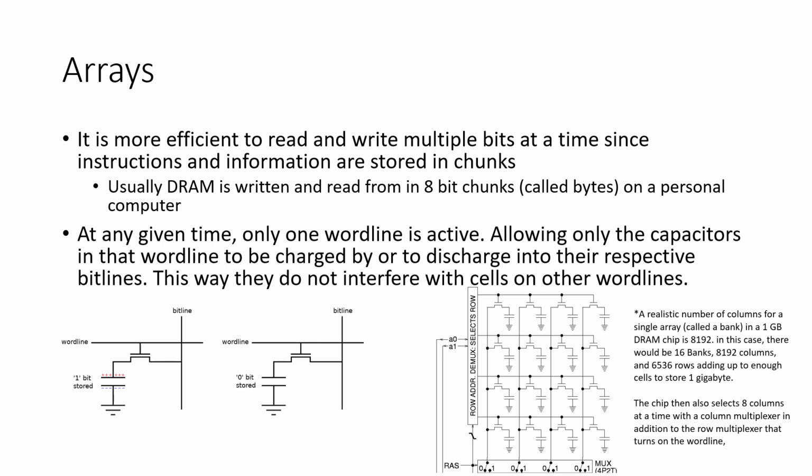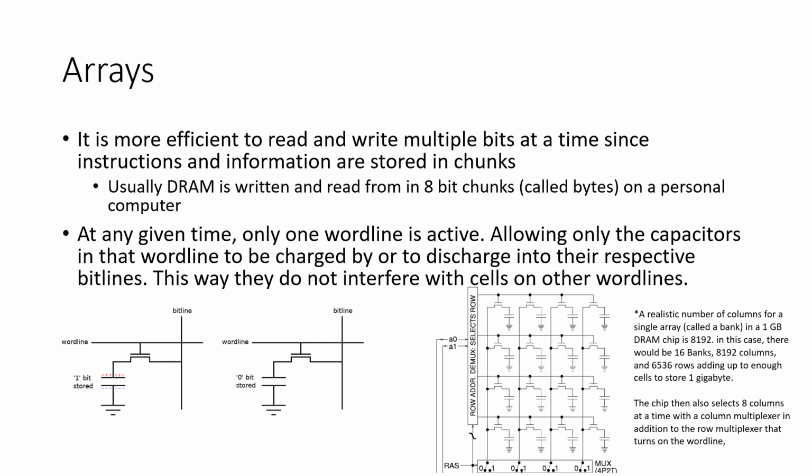This is a lot smaller than what you would find in a modern DDR5 DRAM chip. Those actually have multiple thousands of columns and rows, so you have to have extra circuitry to select which bit lines you actually want to read or write to, and that same circuitry you'd have here to select the word line that is active.